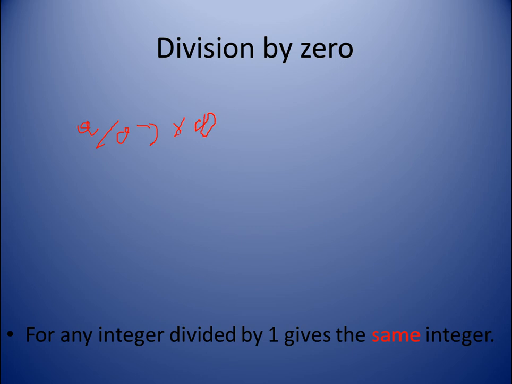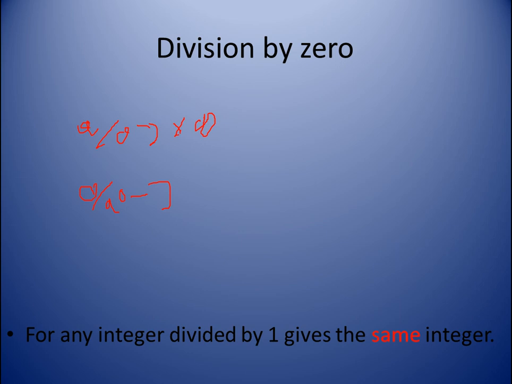But 0 by a can be defined, provided a is not 0. If a is 0, it will not be applicable. If a is another number like 2, 3 or 4, it will be applicable.